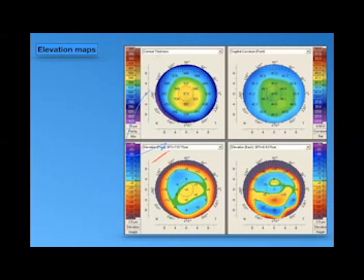If we have any abnormality in the elevation map, we have to think whether it is really abnormal, or there are other factors affecting this map display. If there is high astigmatism, because of the difference between the two curvatures of the cornea, it will convey some refraction, or it will interrupt the path of the rays.